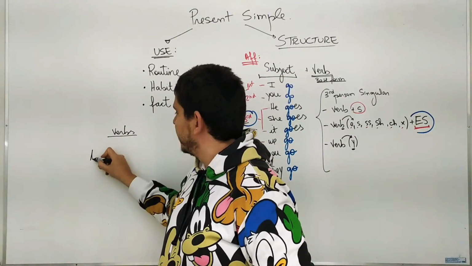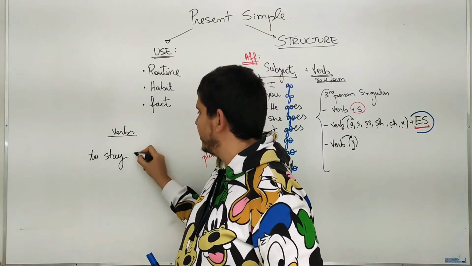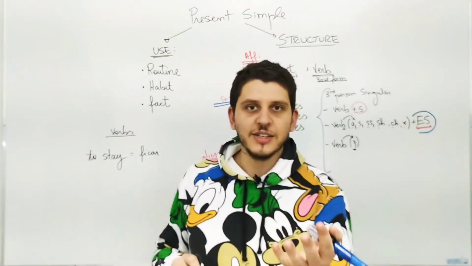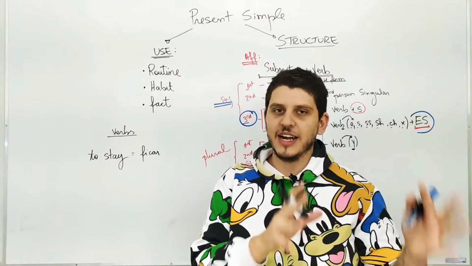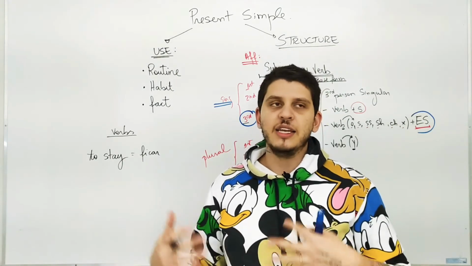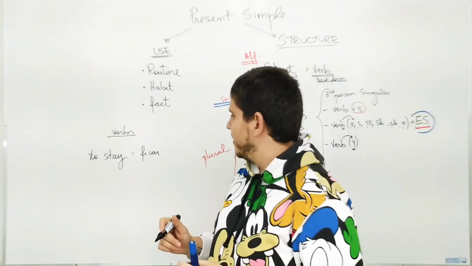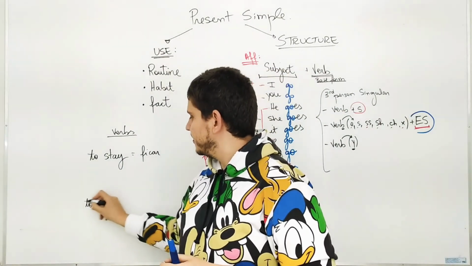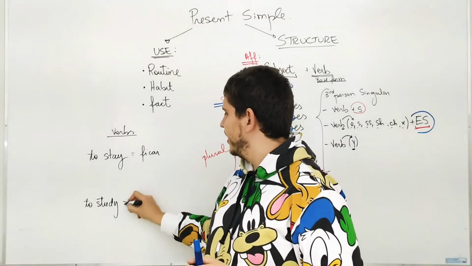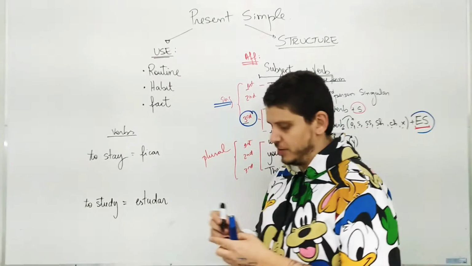Let's say the verb to stay, which means ficar in português, ficar em algum lugar. Não é ficar triste, ficar alegre, ficar em um lugar. For example, stay in a hotel, ficar num hotel, stay in a friend's house, ficar na casa de um amigo. This is the verb stay. But we also have the verb to study. So we can understand what happens with both of them. Study, we already know, which is the verb estudar.